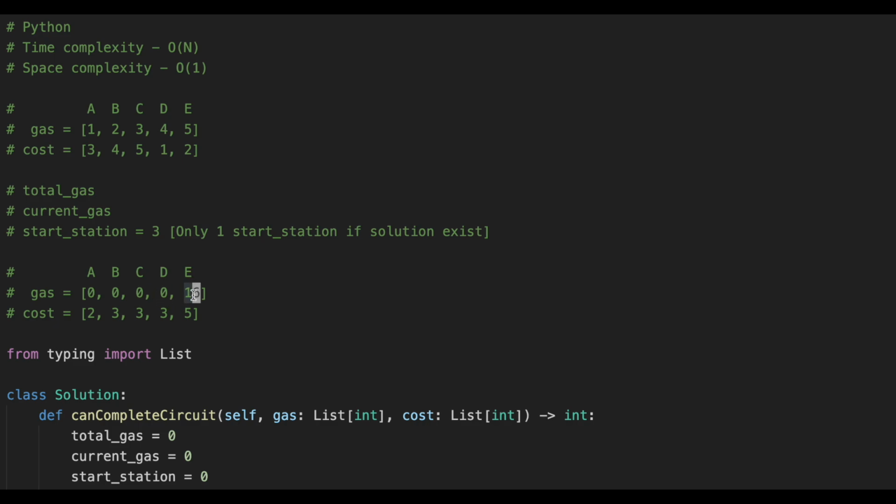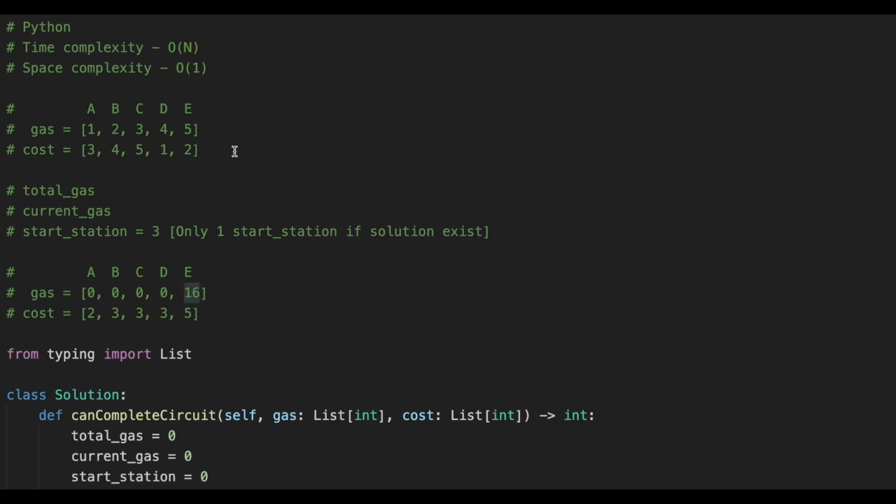In that case, E will be our starting position. The total gas is not less than the total cost, which means that we can complete a circle. If we can complete a circle, then we have a starting position, and in this case it is the last position, where we take the gas and can complete a circle.